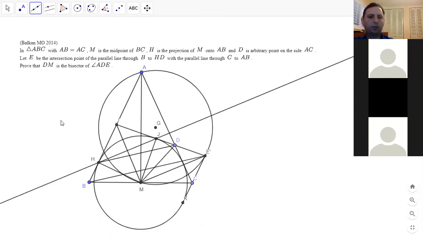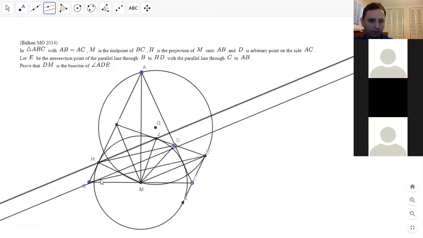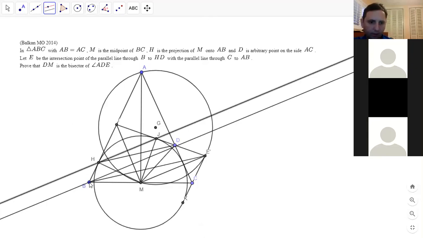That would mean BD is perpendicular to IM. Let's check that. It's not true.